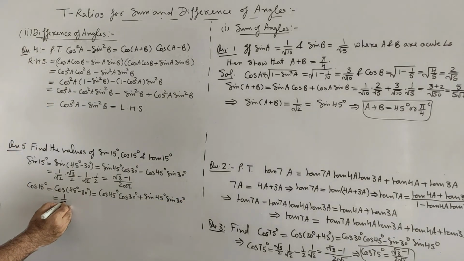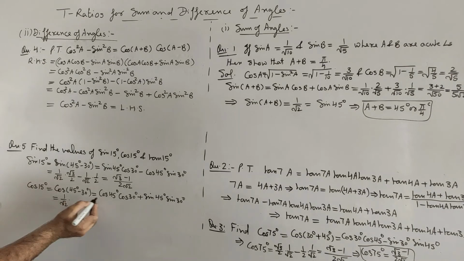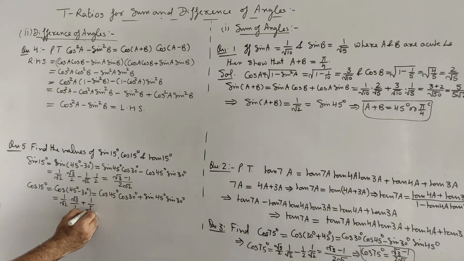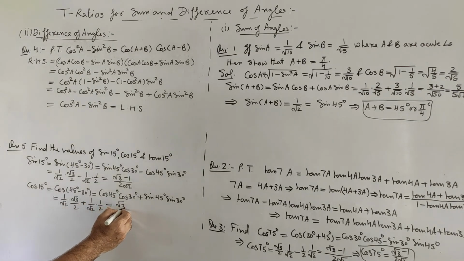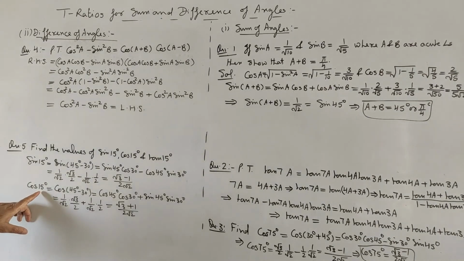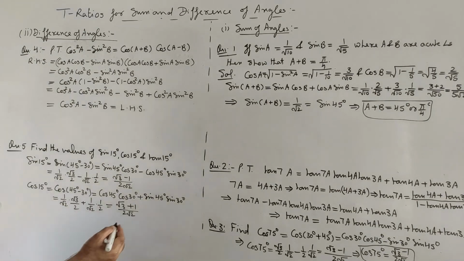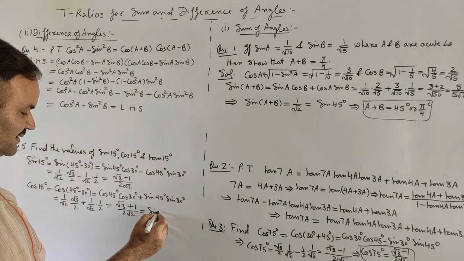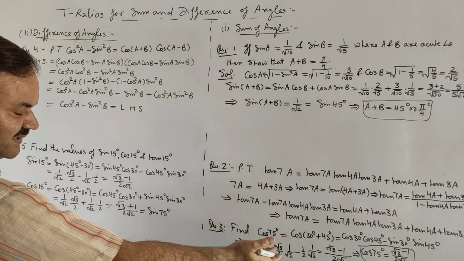Cos 45 is 1 by root 2, cos 30 is root 3 by 2, plus 1 by root 2 and 1 by 2, and this will be root 3 plus 1 upon 2 root 2, and we know that 15 and 75 are complementary, so the value of sin 75 degree also can be calculated in this manner.